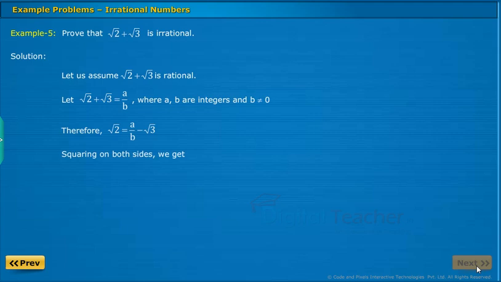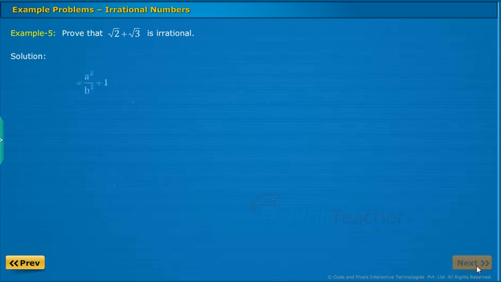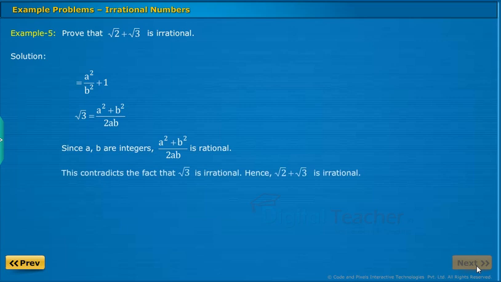Squaring on both sides, we get, rearranging. Since a, b are integers, a square plus b square by 2ab is rational. This contradicts the fact that root 3 is irrational. Therefore, root 2 plus root 3 is irrational.